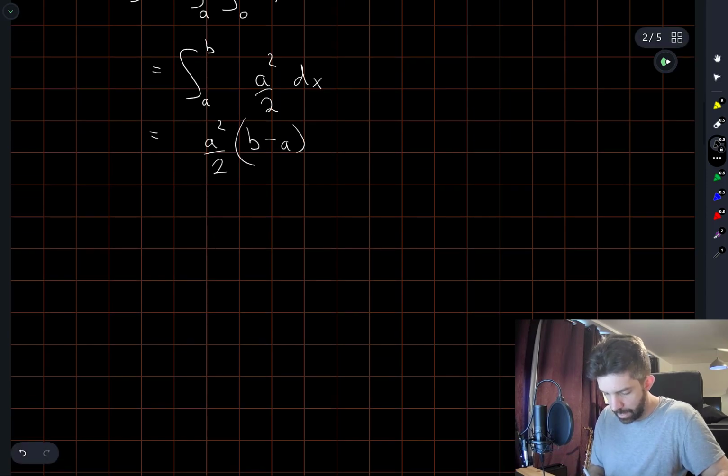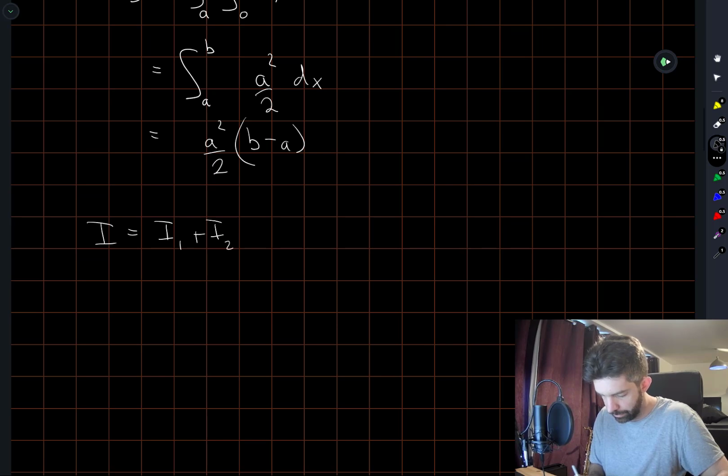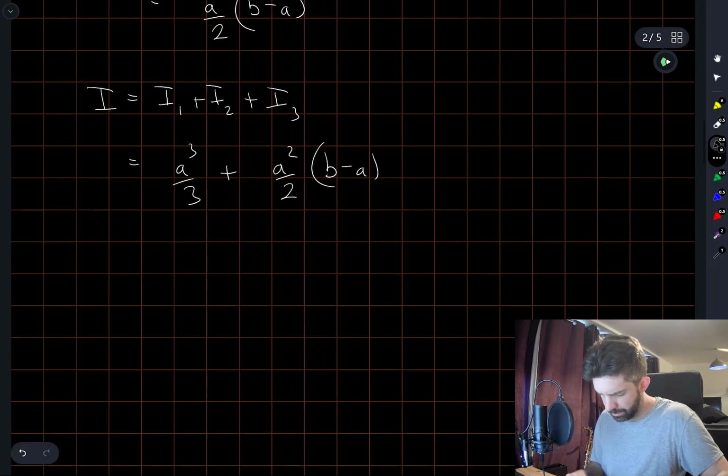Okay, so the entire integral is I1 plus I2 plus I3. So this gives us a cubed over 3 plus a squared over 2 times b minus a. Is there a nice simplification of this?